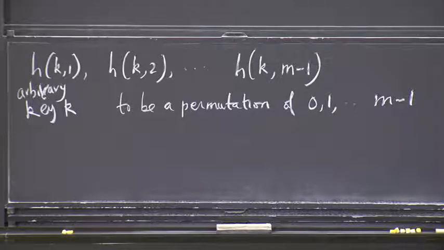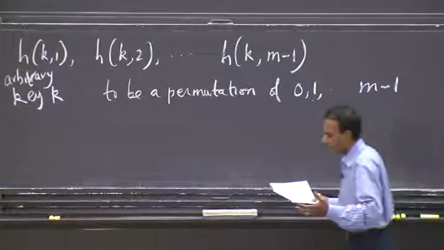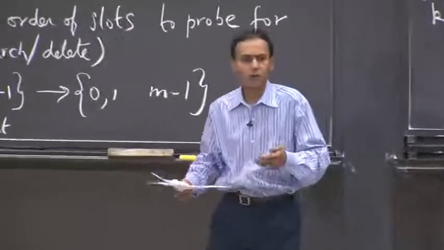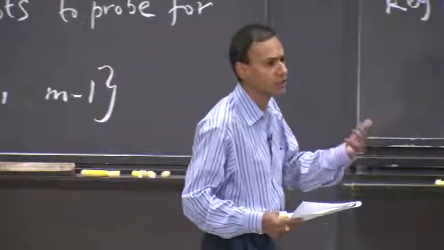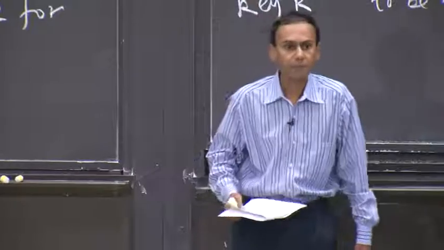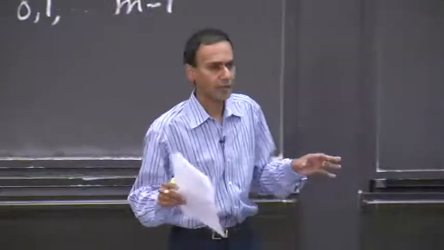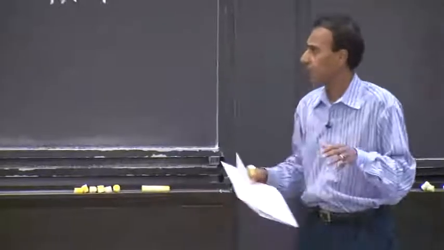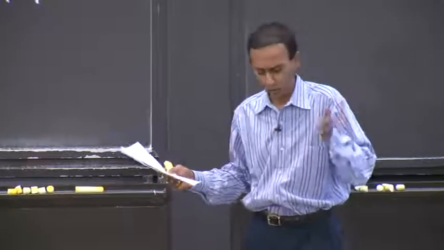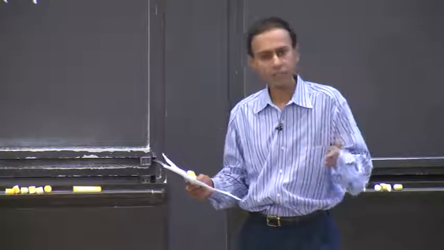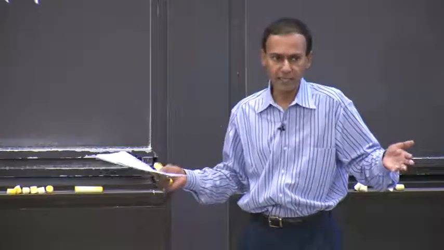Now, of course, the fact that you're using one particular slot for one particular key depends on the order of keys that you're inserting into this table, and you'll see that as we go through an example. So that's the setup. That's the open addressing notion. As you can see, we are just going to go through a sequence of probes, and our hash function is going to tell us what that sequence is. And so we don't need any pointers or anything like that.